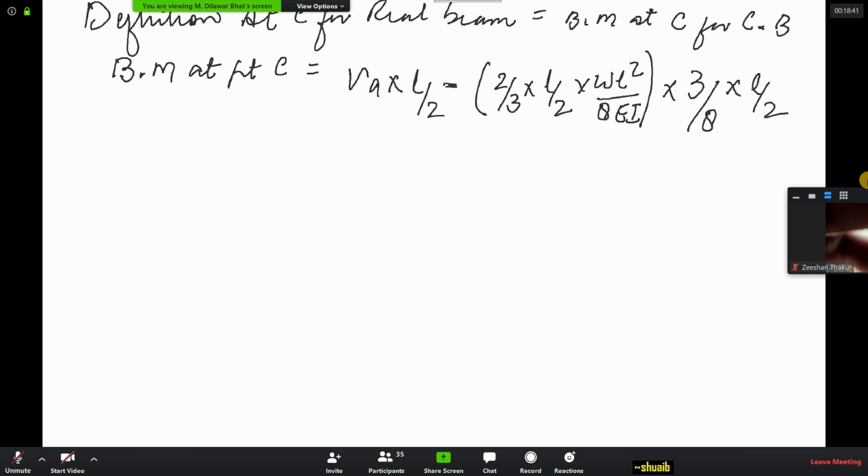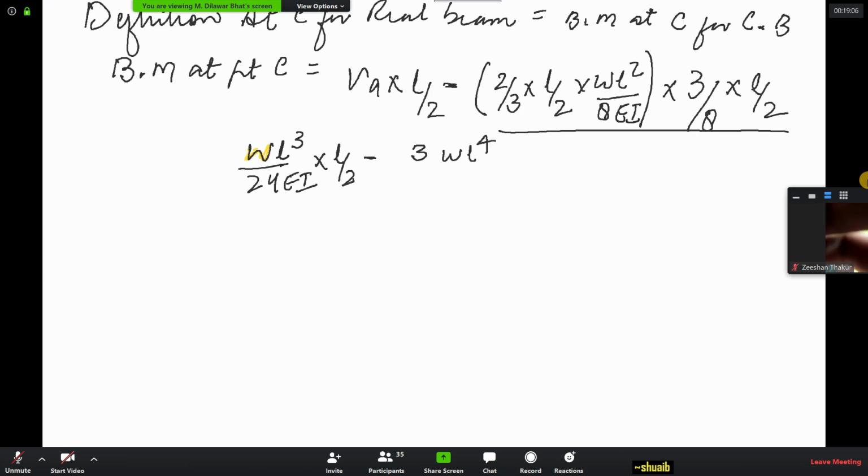Therefore, you know what is VA. How much is VA? It is WL cube by 24 EI multiplied by L by 2 minus, just solve this one and it will come out to be WL4 divided by 2 into 8 into 24 EI.